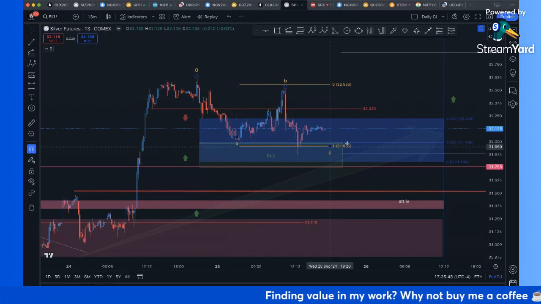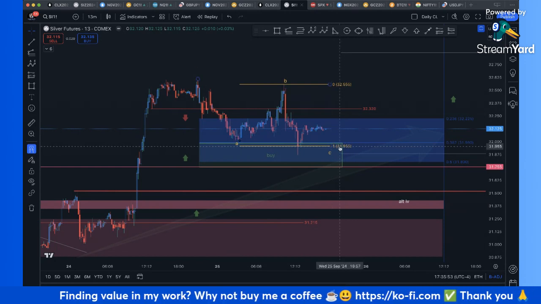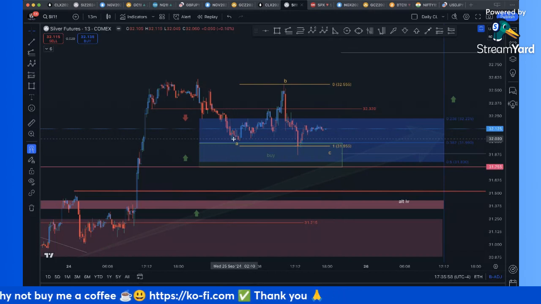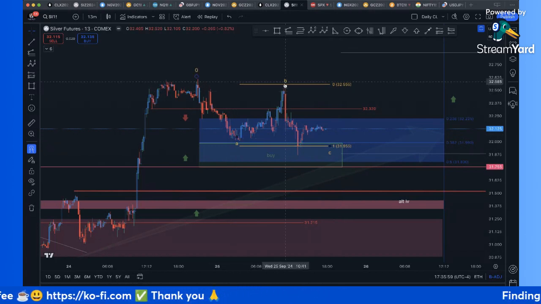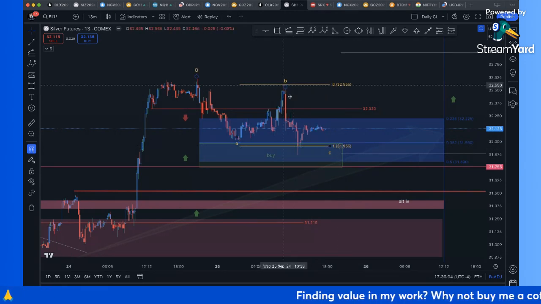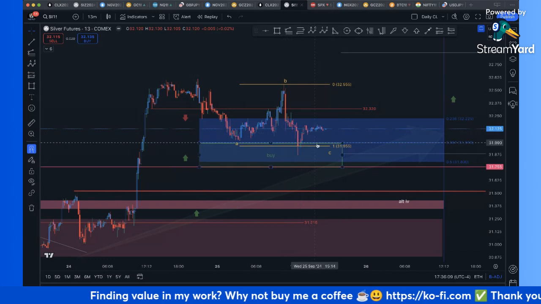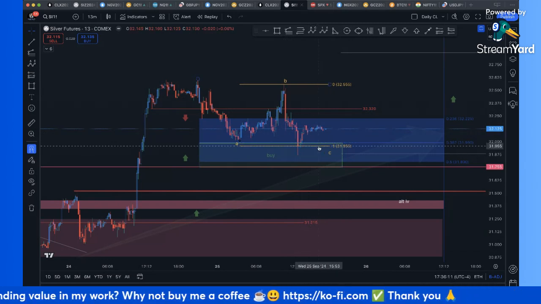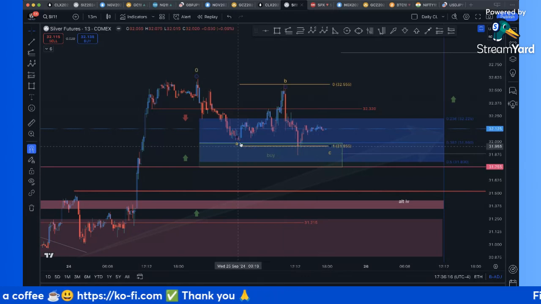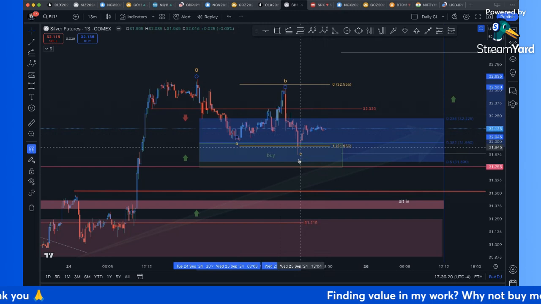This 100 fib is showing you the length of this A wave as projected from the top of the B wave. So this 100 fib is a projection down from the B wave that is giving you a Fibonacci relationship between the A wave and where the C wave might terminate.